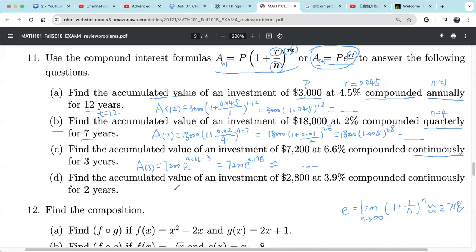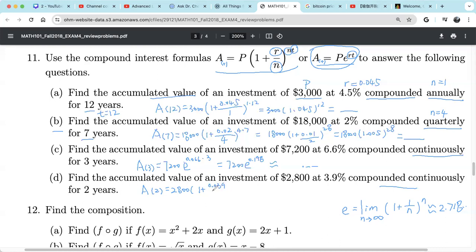Let's see D. D is also compounded continuously. We want to find the amount of money after 2 years. The investment is 2,800.